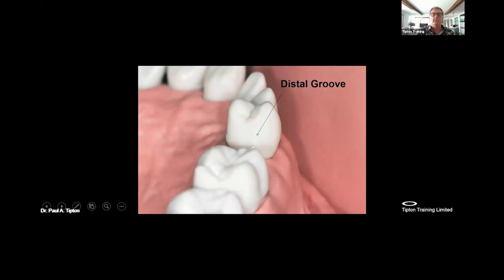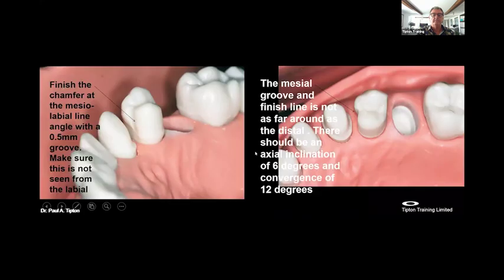My distal groove is going to go here, down the long axis of the tooth again. Mesial groove, I'm cutting through mesially, making sure I've still got my 12 degrees convergence angle, and I'm going to finish with my groove just here, where it's not going to be visible. You could decide to finish there, here, here, depending on the visibility. It's down to you.